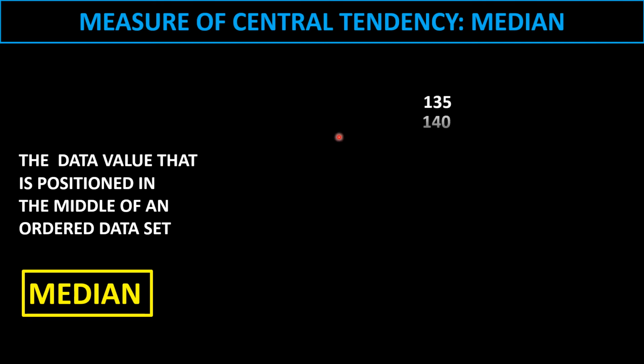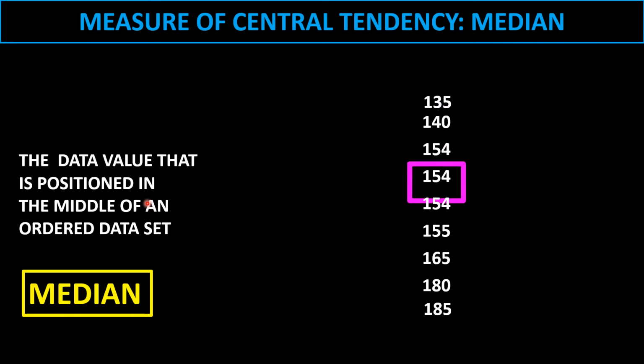Let's just take an example. There we have a data set, and as you can see, it is arranged from the smallest value to the largest value. It says the median is positioned in the middle, so let's try to find it. How many data points do we have? We have 9, so we need to find the one right in the middle. What's the position of that middle number?